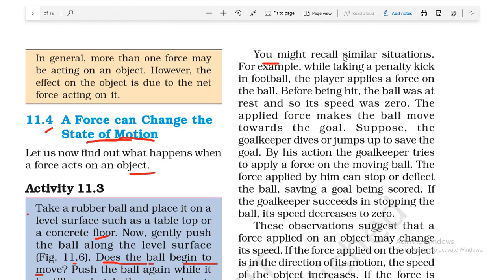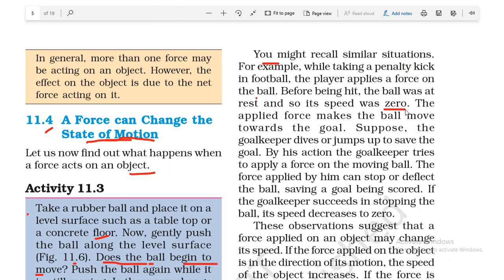Now you might recall similar situations, for example, while taking a penalty kick in football. The player applies a force on the ball. Before being hit, the ball was at rest and so its speed was 0. I hope you understand.